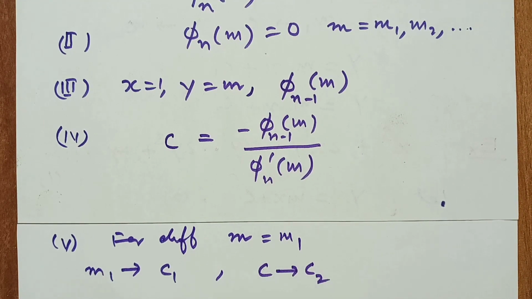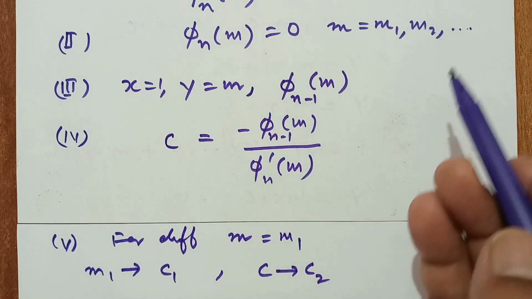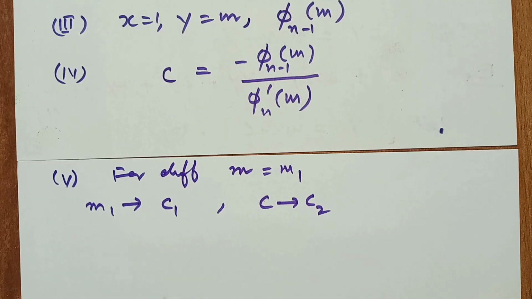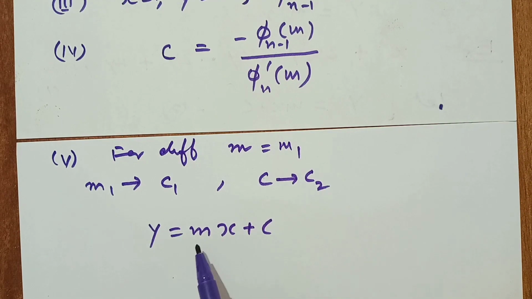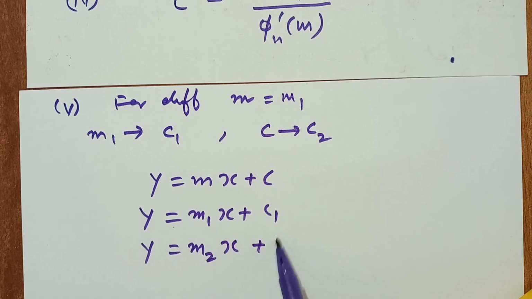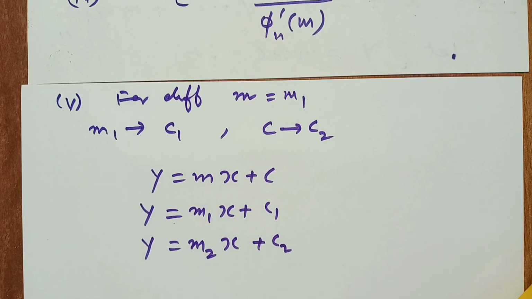So corresponding to the values of m1, m2, m3, we will calculate c1, c2, c3, and then putting the values of m1 and c1 in the equation y is equal to mx plus c, this is the first asymptote, y is equal to m1x plus c1. By putting m2 and c2, we get the next asymptote m2x plus c2, and so on. So this is the method to obtain asymptotes.